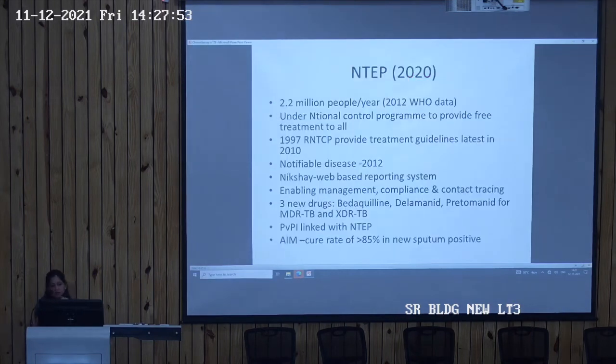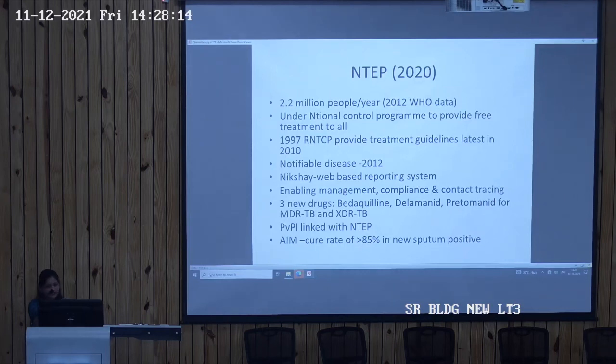Now, National Tuberculosis Elimination Program 2020. According to 2012 data and 2019 data, there are 2.64 million people per year. This is the incidence of the disease, people infected with tuberculosis every year.